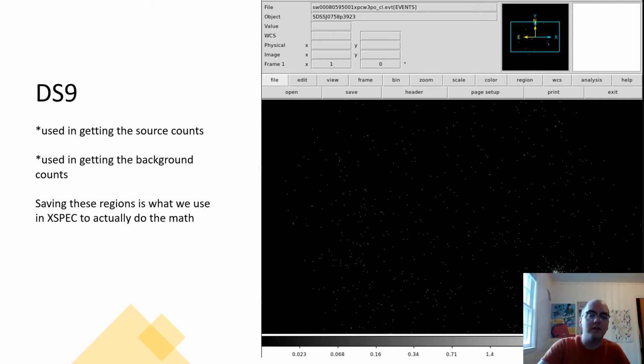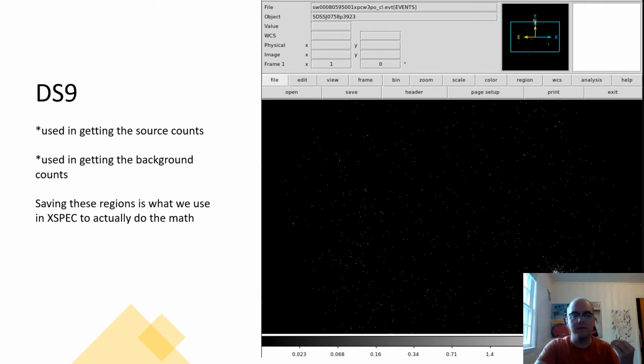But we used this in getting the source counts, which would be that nice bright spot, and the background counts, which we would take from various areas of less dense photon counts, and then saving these regions into specific files are what we actually used in XSpec to do the math, which gave us our confidence.